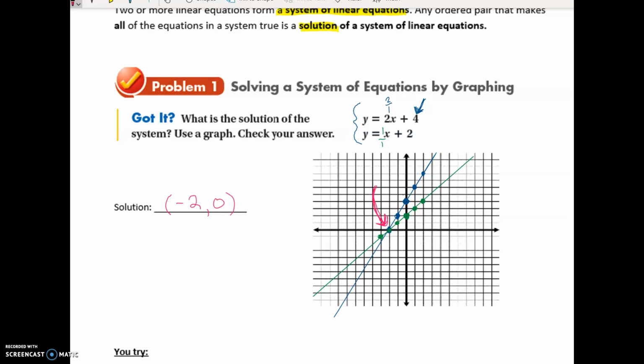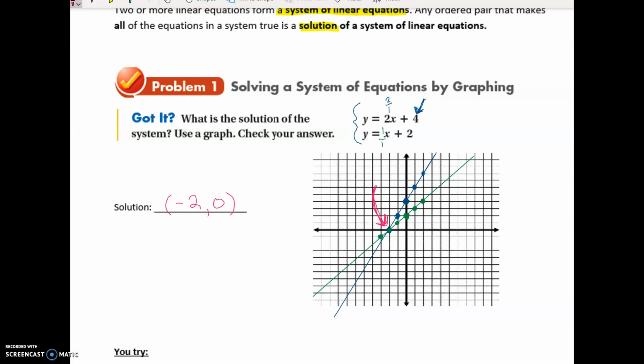I should be able to plug in -2, 0 for x and y in both equations, and it should be a true statement. So if I take -2 and plug it in here, I get -4 plus 4, which certainly is 0. And then if I plug in -2 here, -2 plus 2 is also 0, so that checks out.